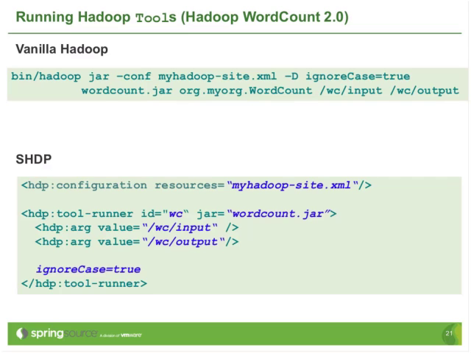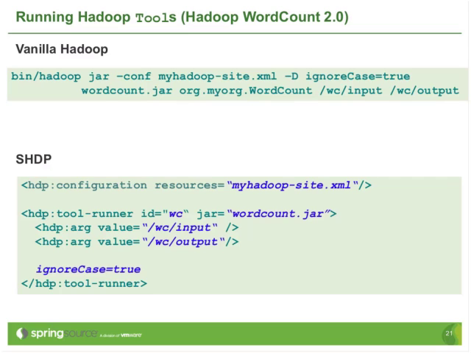Now, with Spring for Apache Hadoop, again, we can take the same workflow and put it here. Notice how for the configuration element, we can allow the configuration to be overridden, so you can specify different properties. You can even specify the properties inline. And again, for tool support, we have the tool runner namespace. Similar usage.